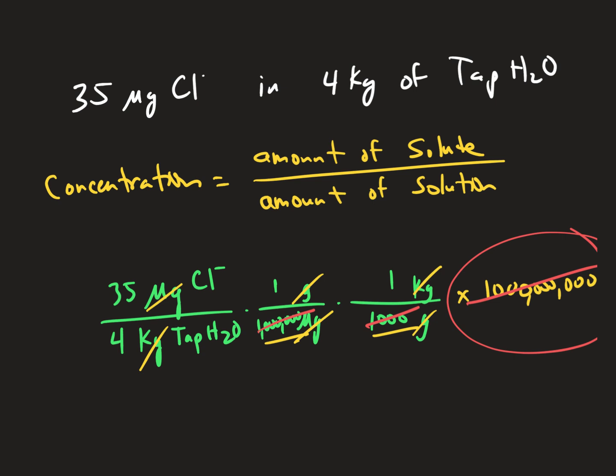And we do this and we get 8.75, should be 8.8, rounded to the right number of sig figs, actually. Should we do 9? That's only 1 sig fig. 9 parts per billion. Good?